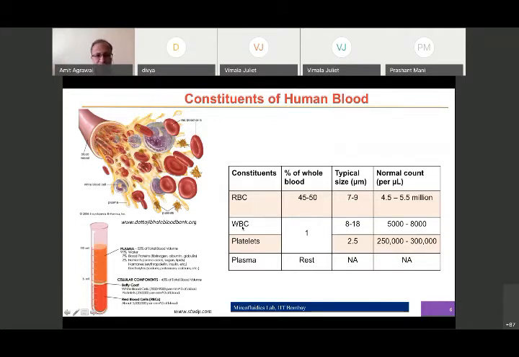If you were to picture blood left to settle, you will see that at the bottom the red blood cells will be deposited, and then there will be a region called the Buffy coat, where the WBCs and the platelets will be sitting, and on top of that the plasma is sitting.